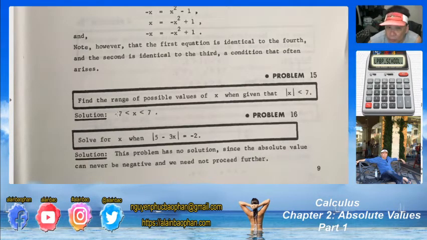Find the range of possible values of x, given that the absolute value of x is less than 7. Okay, so we need to find the range.